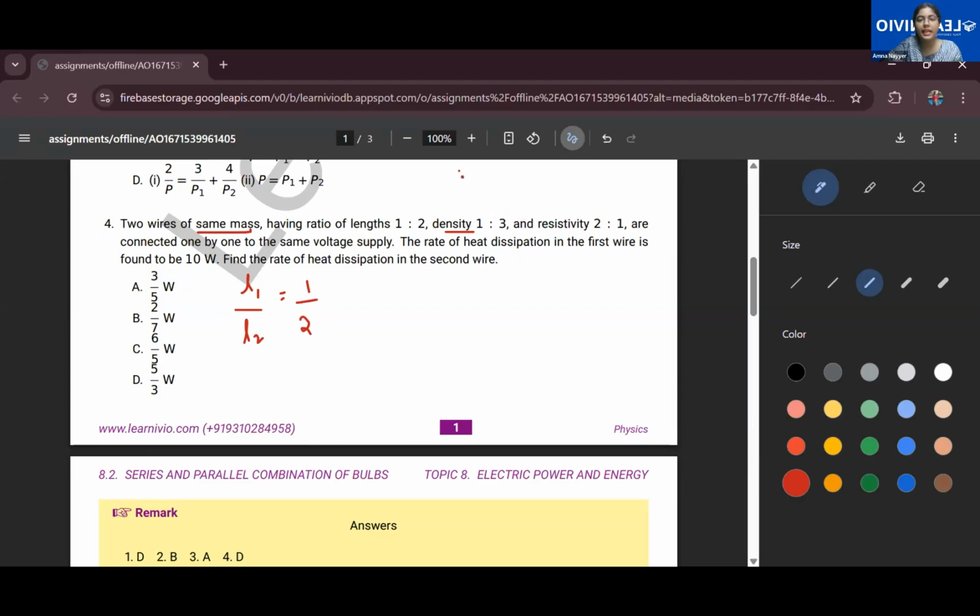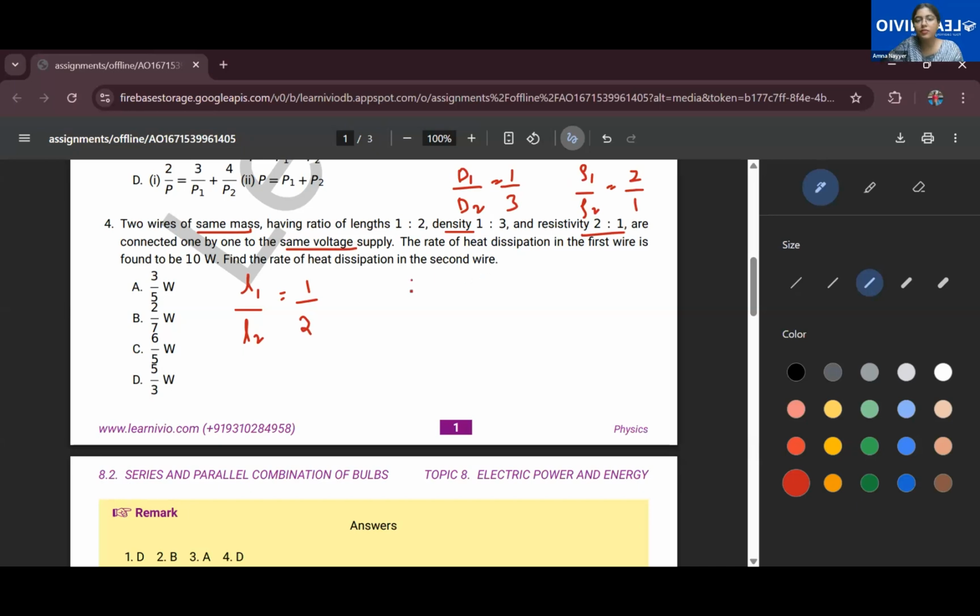Density, I'll write D1 by D2 is given as 1 by 3, because resistivity is also there. And resistivity is 2:1, means ρ1 by ρ2 is given as 2 by 1. They are connected one by one to the same voltage supply. Voltage is also the same.